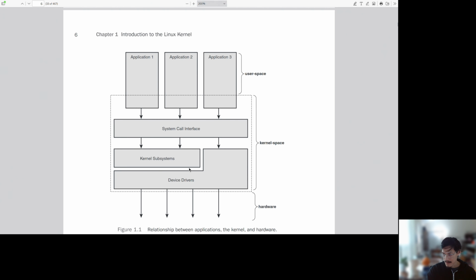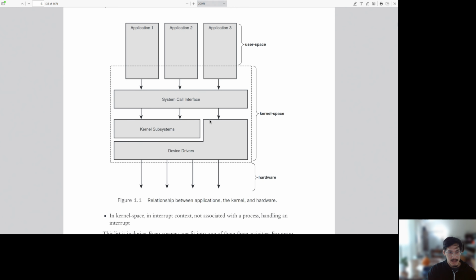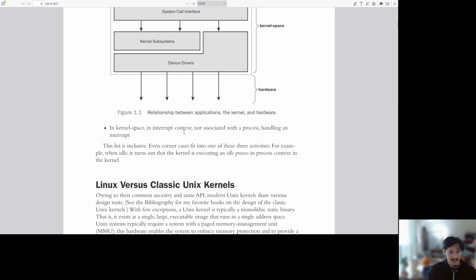Device drivers are software modules, think of them as little programs that talk to your hardware. Kernel subsystems are basically things that the kernel relies on. I can't really describe it, but anyway.